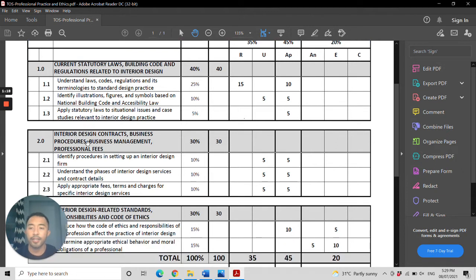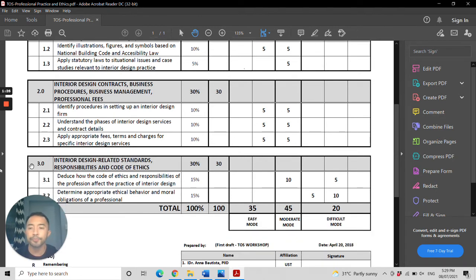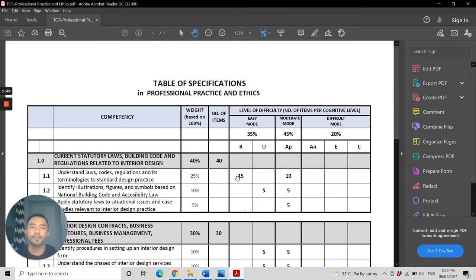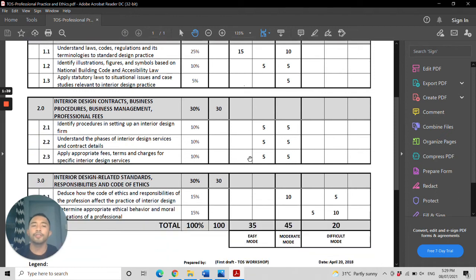Interior design contracts, business procedures, business management, and professional fees will be 30%. Interior design related standards, responsibilities, and code of ethics will be another 30%. And we know that the examination will have a total of 100 points.